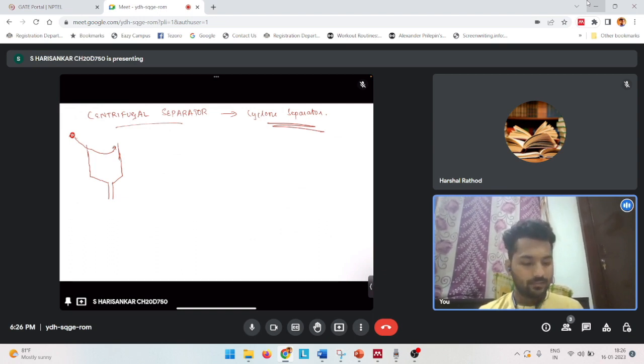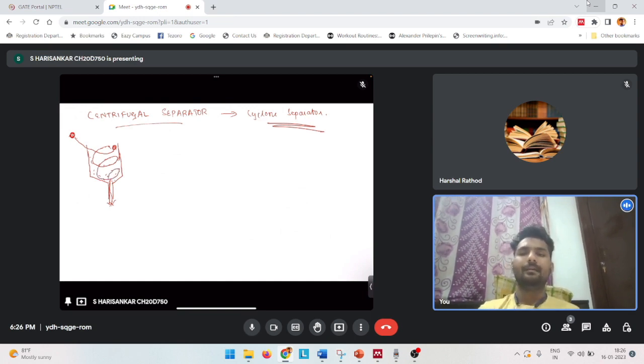The particle will start rotating and rotating, and finally it will get separated to the bottom. So this is basically the mechanism of a cyclone separator, and we define this particle here.